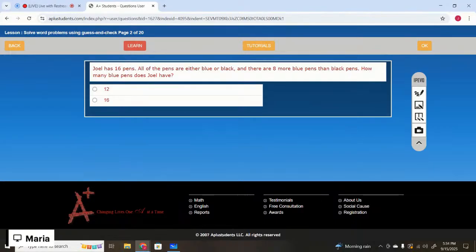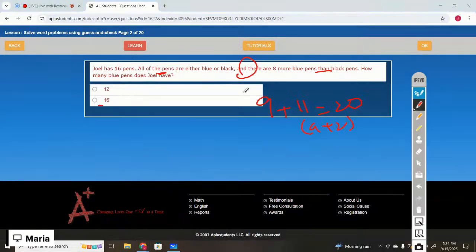Joel has 16 pens. All of the pens are either blue or black. There are 8 more blue pens than black pens. How many blue pens does Joel have? 16 pens, right?